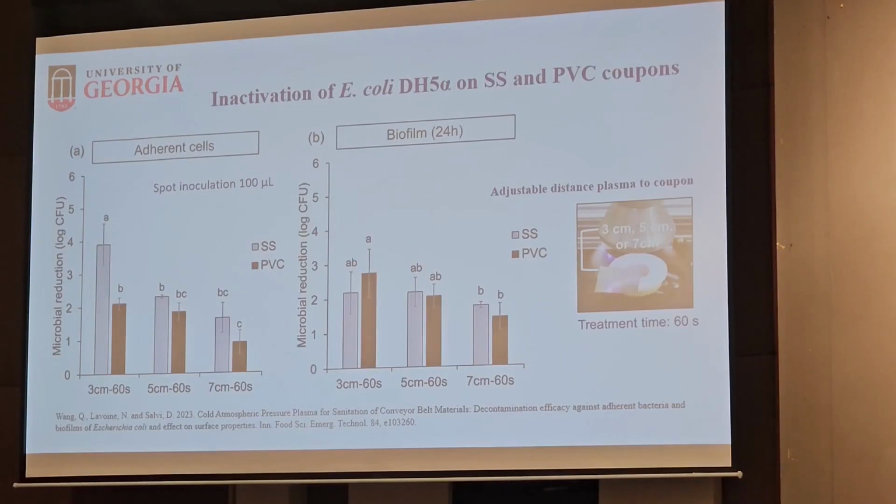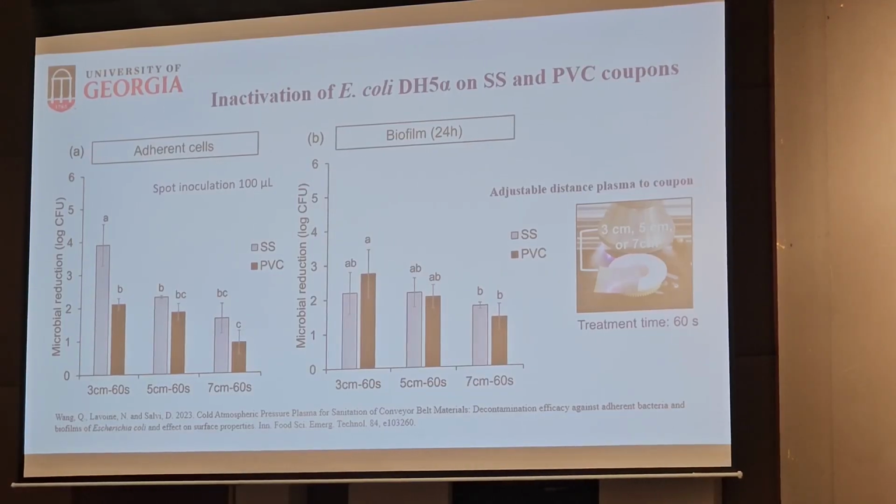Also, a study which simulates equipment where they use the steel coupons and the conveyor belt where they use the plastic coupons, and they put those coupons at certain distance from the plasma application for certain time. So that's what on the x-axis you see 3 centimeter, 60 second to 7 centimeter, 60 second.